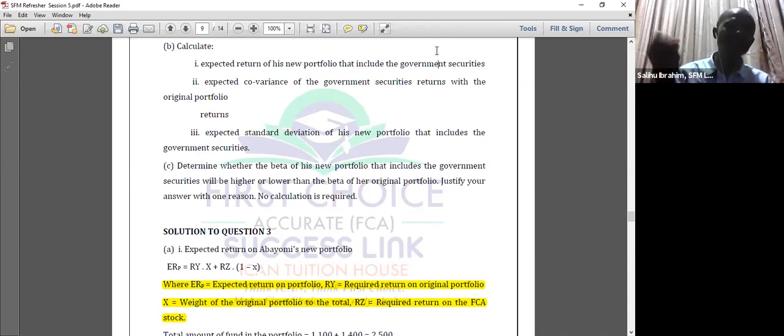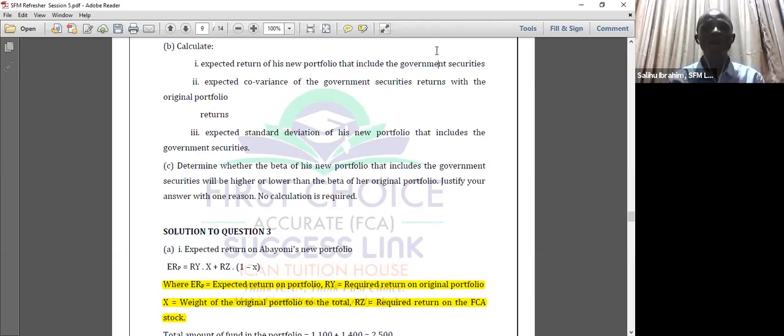Likewise, if the correlation is zero, it means they don't move together at all. They can both increase, they can decrease, they can move in any direction. But if the returns are positively correlated, then there is a problem.